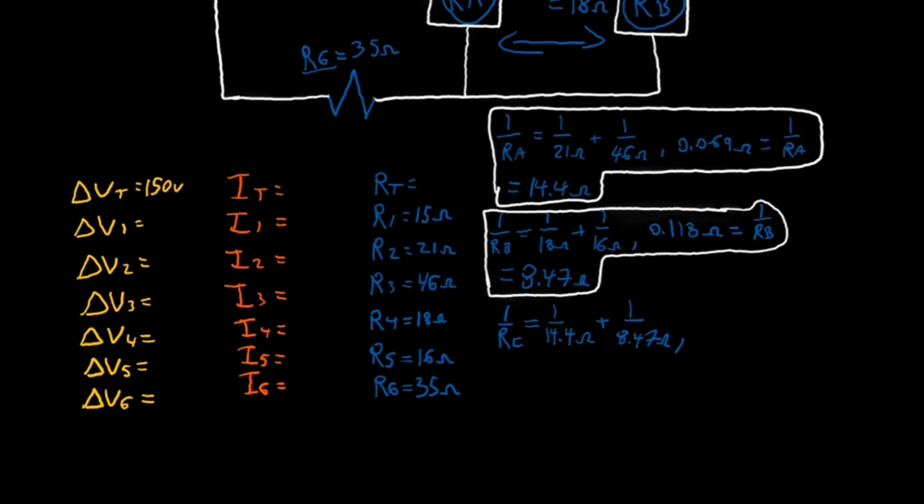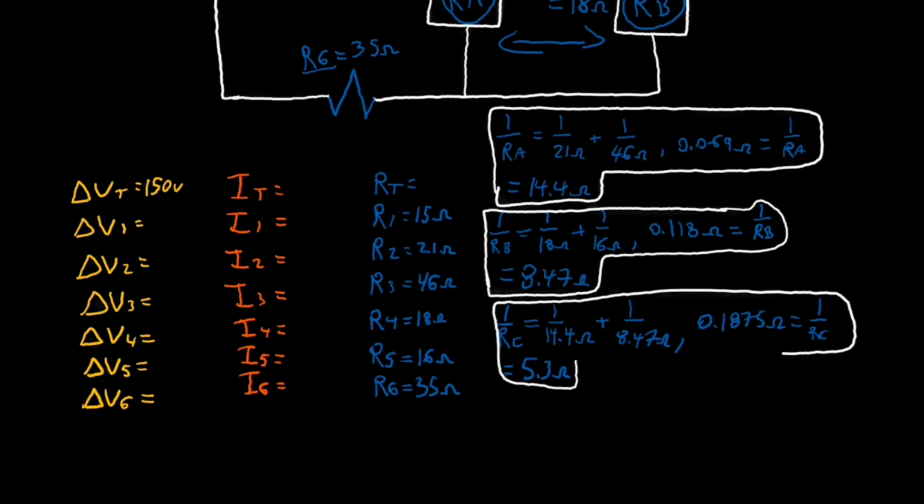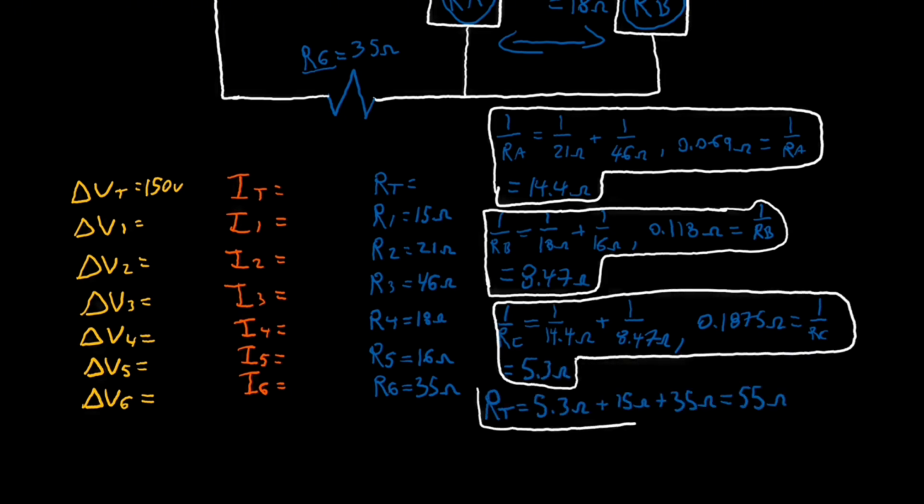This should give us about 0.1875 ohms, which equals 1 over RC, and then we can do the reciprocal to find 5.3 ohms. And then finally to find RT, we add 5.3 ohms plus 15 ohms plus 35 ohms to get 55 ohms for our total resistance.